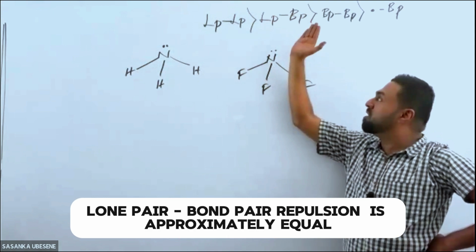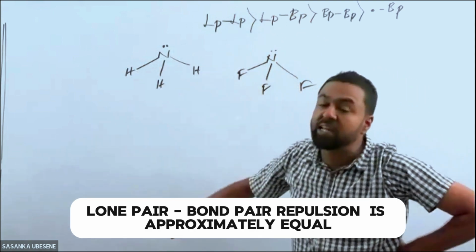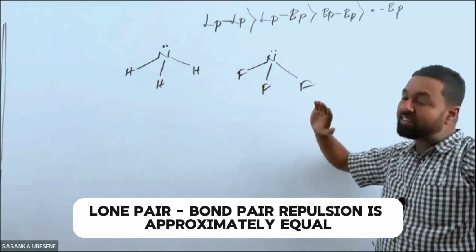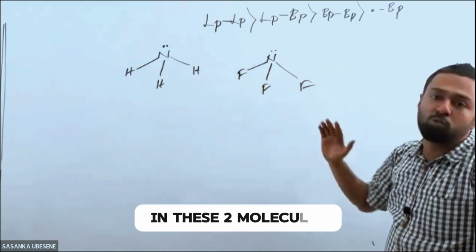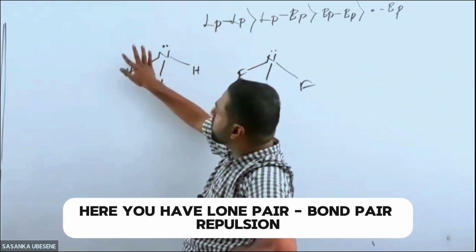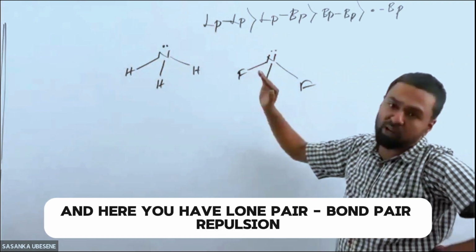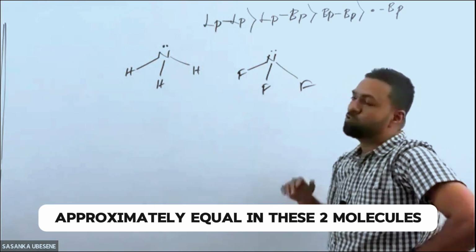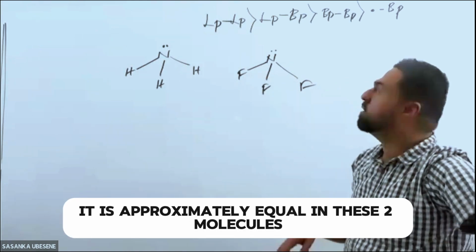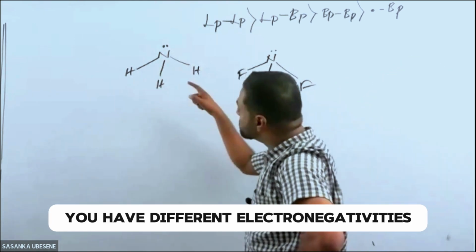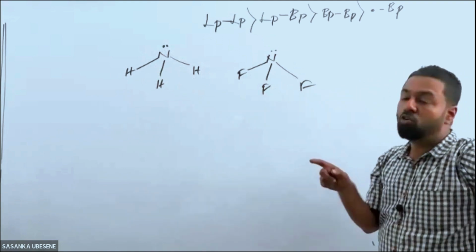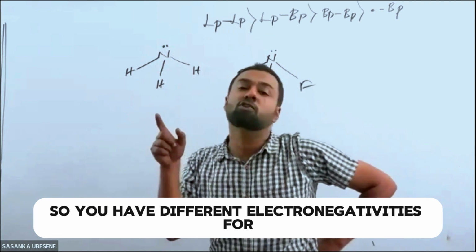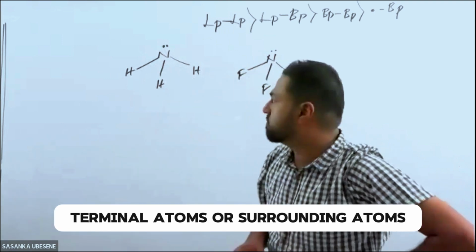Lone pair bond pair repulsion is approximately equal in these two molecules. You have different electronegativities for terminal atoms, or else you call them surrounding atoms.